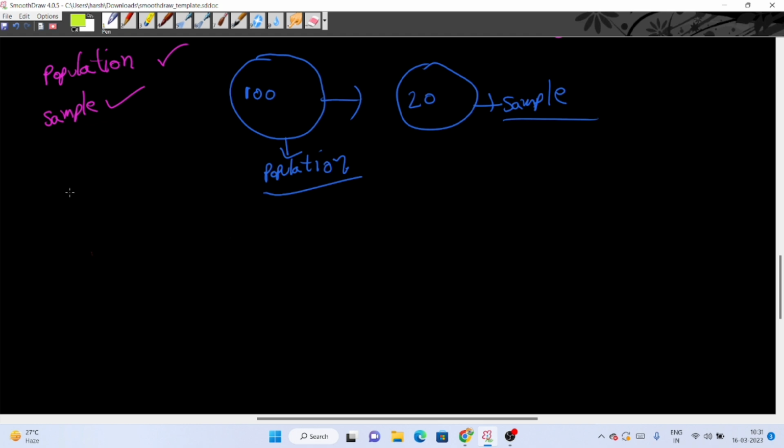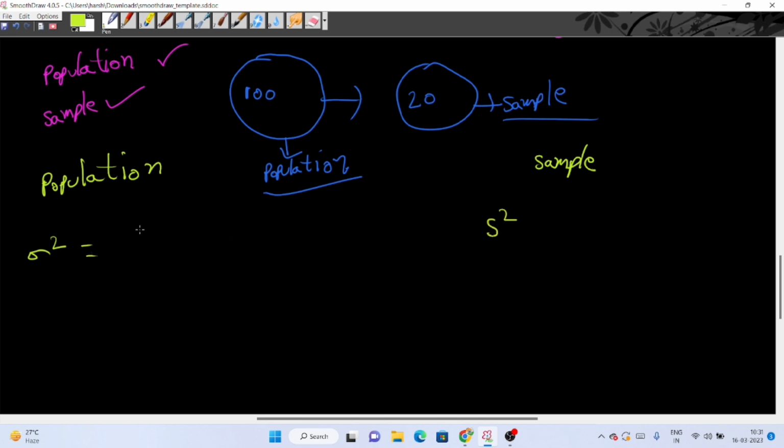So this can be population, and we'll take this as sample. In population, variance is denoted by sigma square, whereas in sample we describe it as s square.